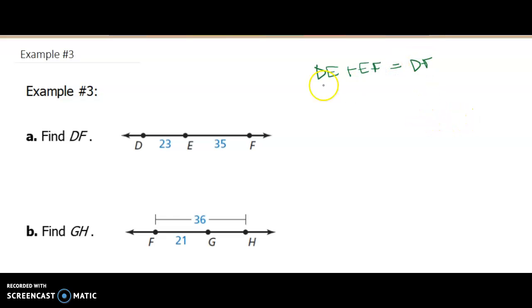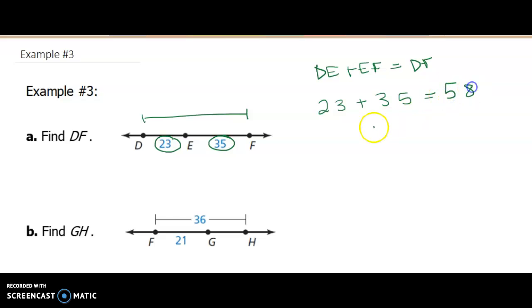You don't have to write that out. So this plus this equals this whole thing. So 23 plus 35 equals, what is that, 58? So the whole thing, DF, equals 58. Here's my answer.